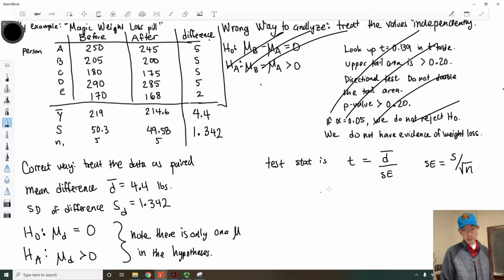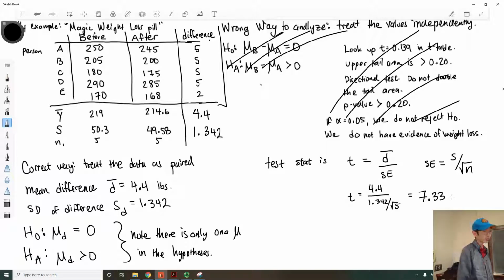And my test statistic is going to be 4.4 divided by the standard error, which is 1.342 divided by the square root of 5. And this comes out to be a t of 7.33, which is a really big number, okay?